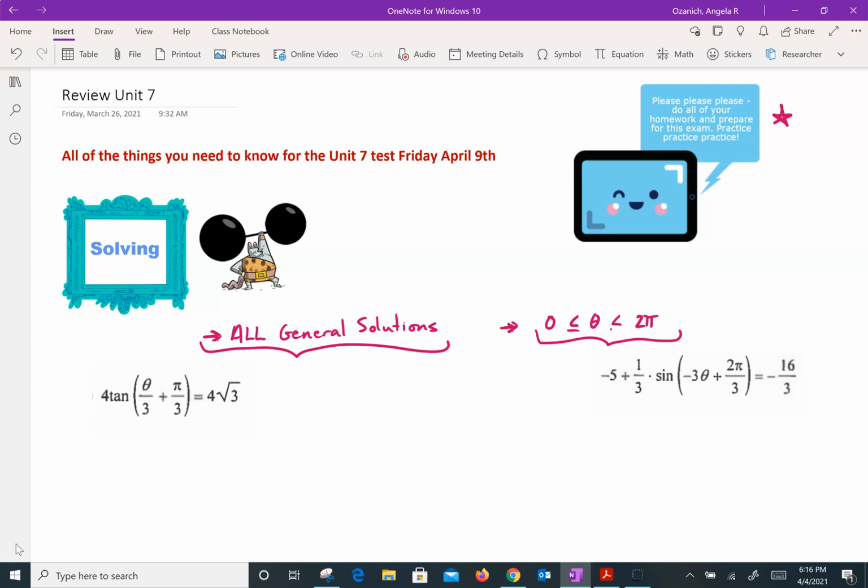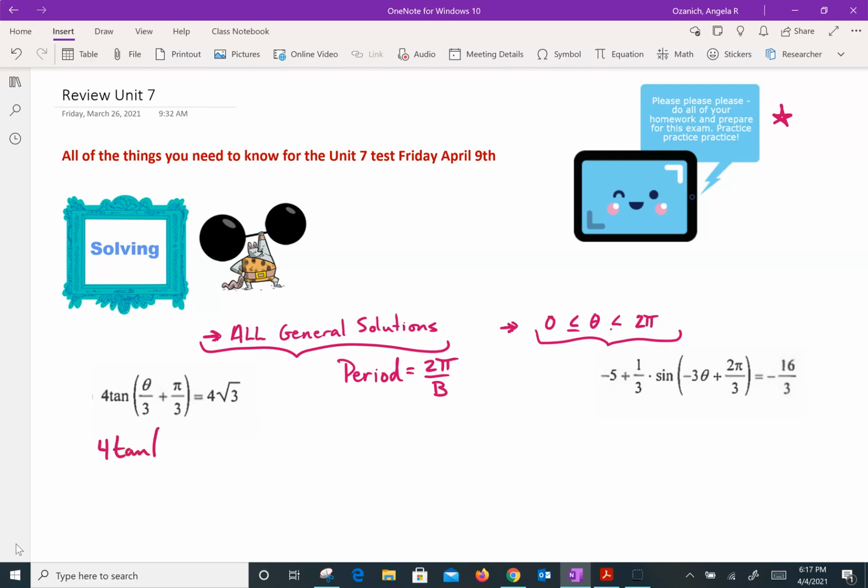When I think about all general solutions, I know I'm going to have to add the period of the function. The period, remember, can be found by taking 2 pi and dividing it by our b value. So one of the first things I look for is identifying what that b value is.